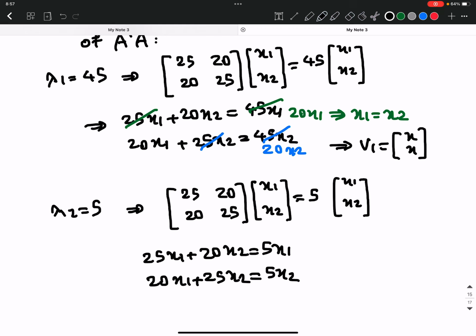This time let me write this in y. We have two different vectors, so I write this one in y. I don't want it to be mistaken with the one above because this is another vector.